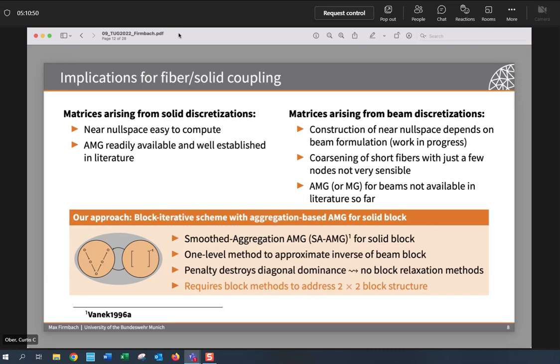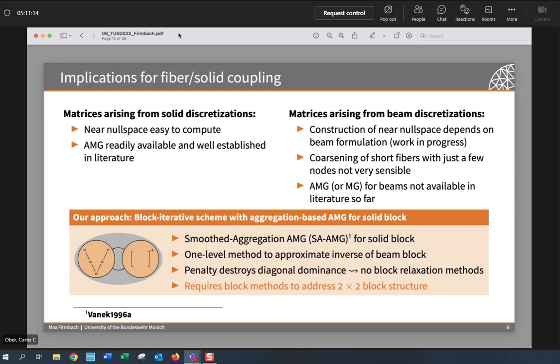So the construction of the near null space really depends on the beam formulation you use. We already have a null space working for Euler-Bernoulli beams, but for more broad beam formulations that is still work in progress. There's also the open question of how to coarsen these beams.